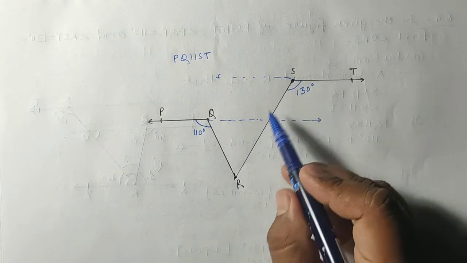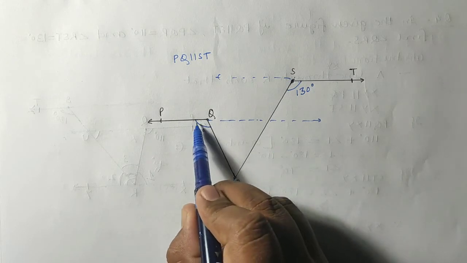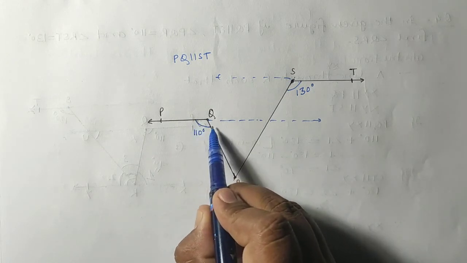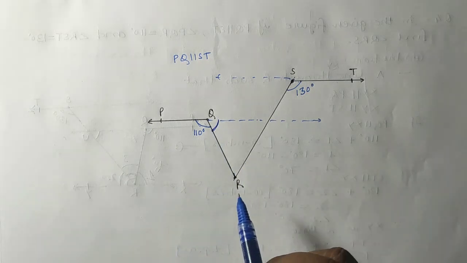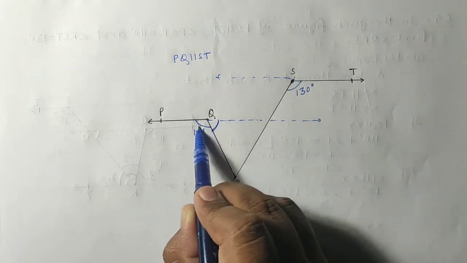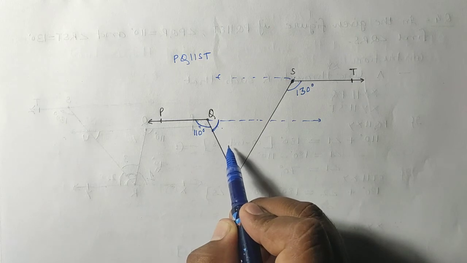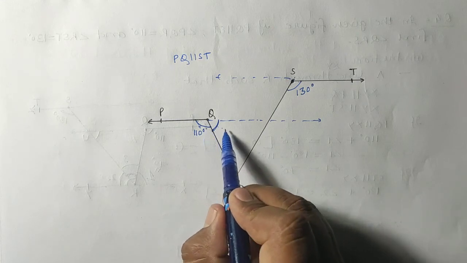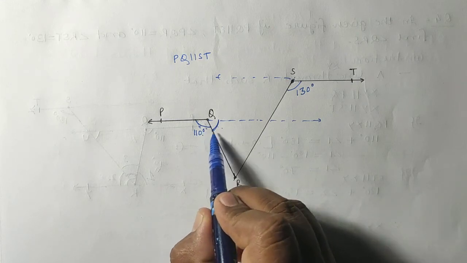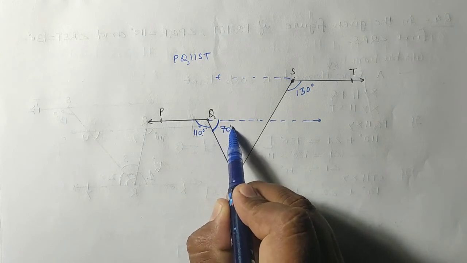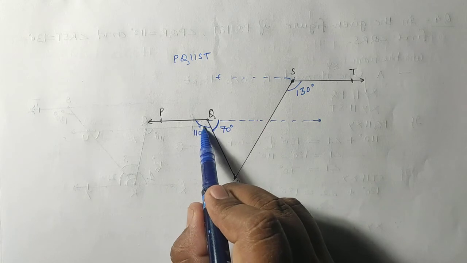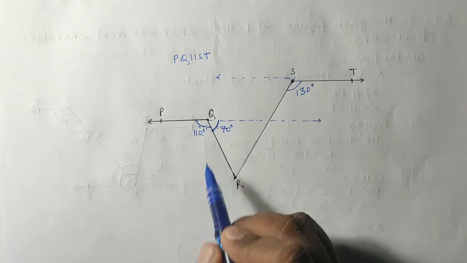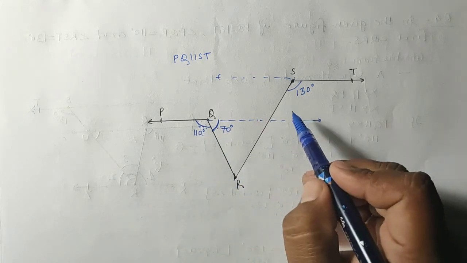So if these lines are parallel, see here, this angle is 110 degree. Then what will be the value of this angle? The sum of these two should be 180 degree because they are a linear pair of angles. So if it is 110 degree, then it will be 70 degree, because 110 plus 70 is 180.